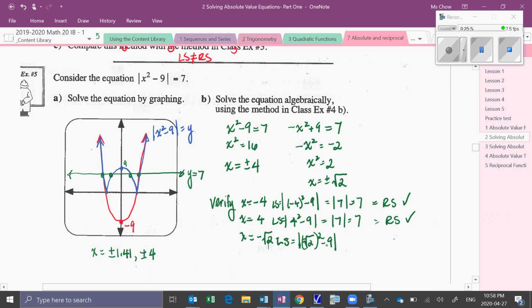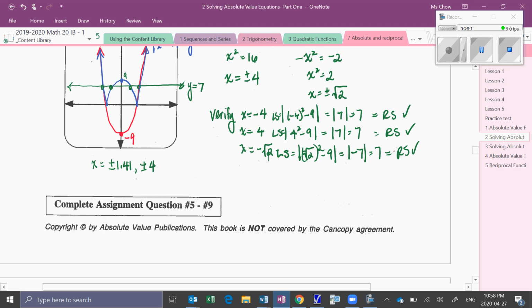Subtract 9 is negative 7, but it is the absolute value of negative 7, which is of course just positive 7, and so that is also equal to our right side. We already know that that's definitely going to happen again when we verify x is equal to positive root 2. Our left side is the absolute value of positive root 2 squared minus 9, and root 2 squared is simply 2, minus 9, again negative 7, but the absolute value of it is positive 7, which is equal to our right side. So there we have it.